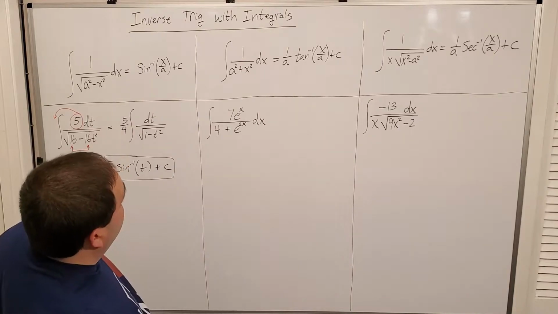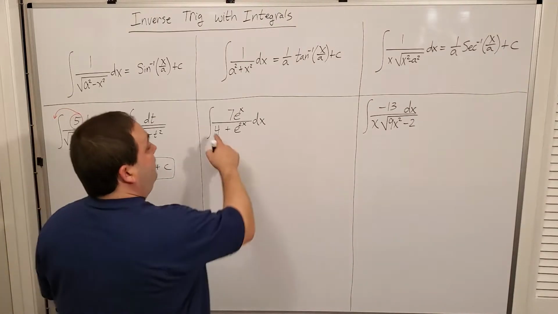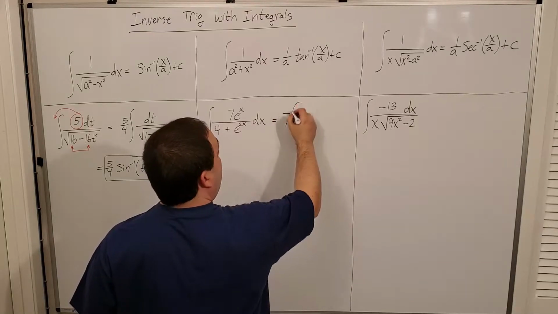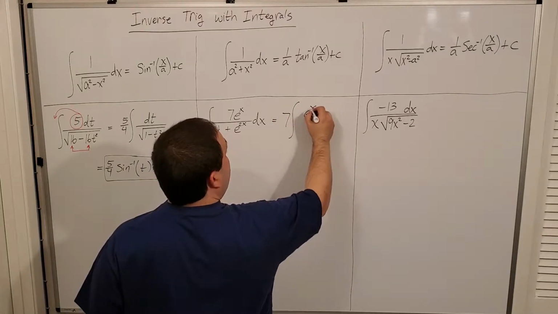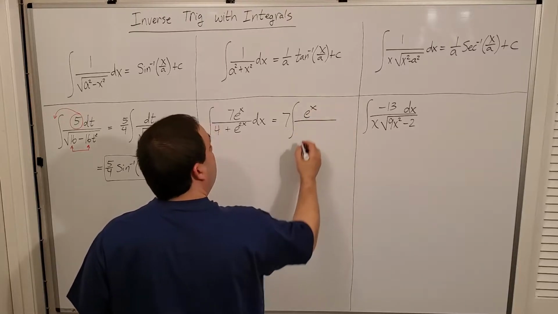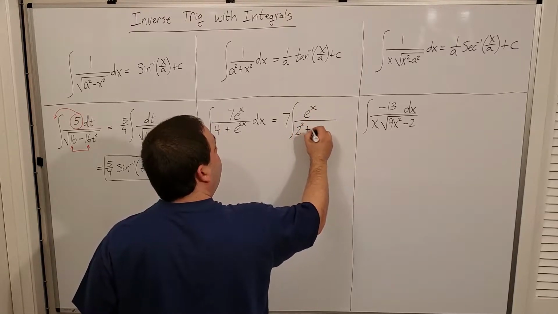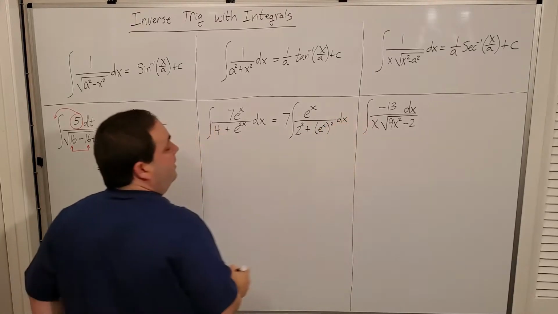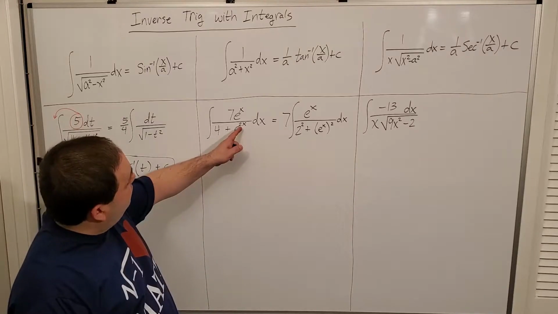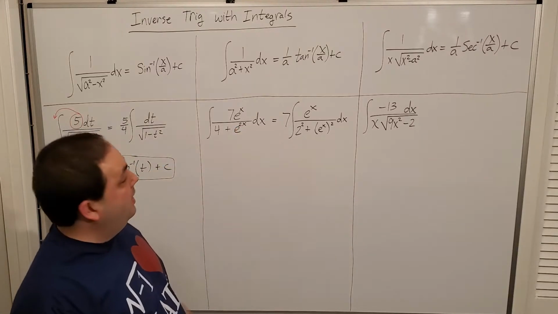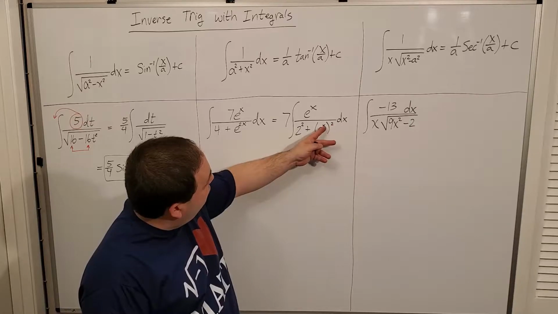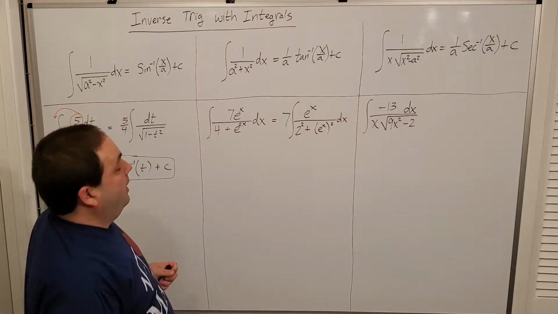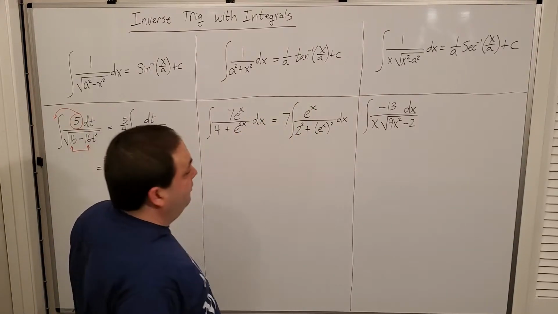Okay, so let's take a look. I'm going to rewrite this integral as, I'm going to pull the 7 out, and I'm going to have e to the x on the top, and it's going to be 2 squared plus e to the x squared, and my dx is right there. And remember, that's what it means when you have two things multiplied in an exponent, right? It's one power raised to another. Okay, this is ready for a U substitution.